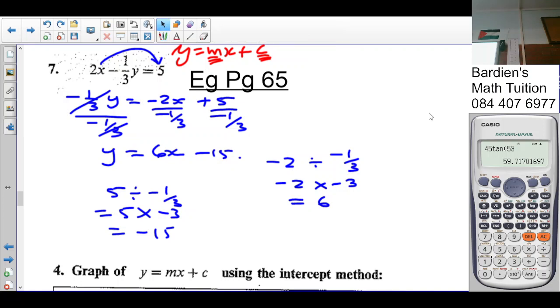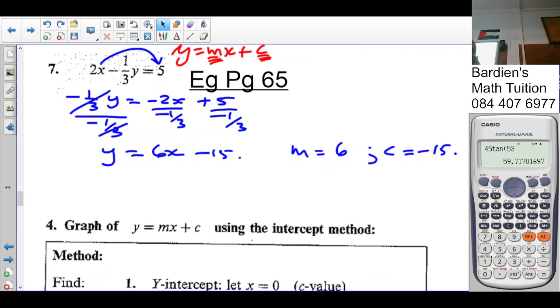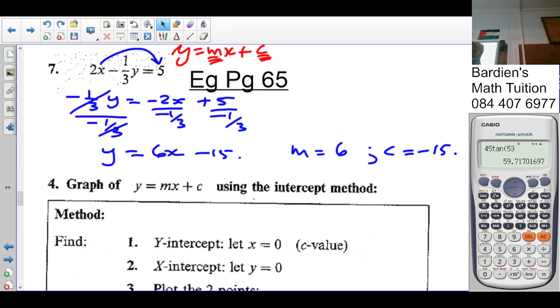You all agree with that? So what is my m value? What's the gradient? 6. And what's my y-intercept? Alright, you guys understand? I must divide throughout by negative a third. Right, next.